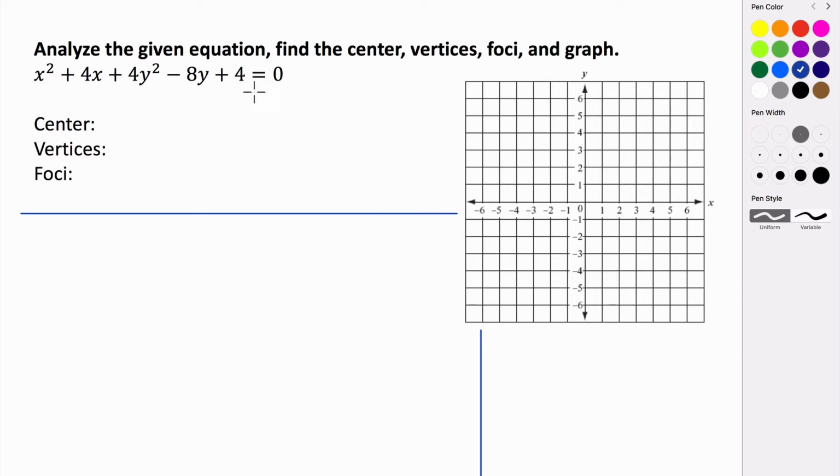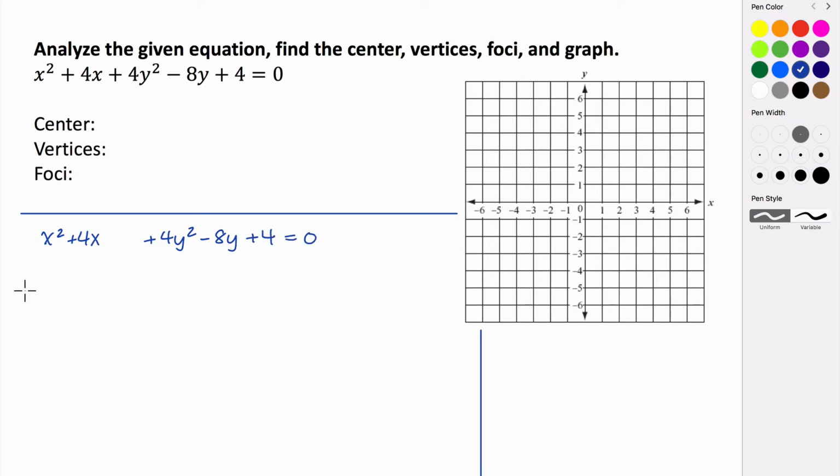In order to change this into standard form, we're going to have to group all of our x values, group all of our y values, and complete the square. So we have this equation here, x squared plus 4x, and then plus 4y squared minus 8y plus 4 equals 0.